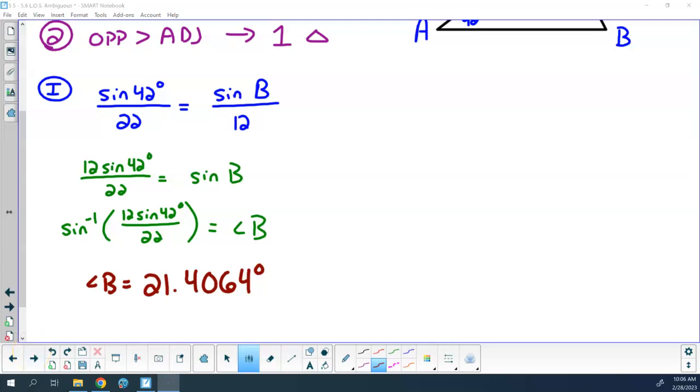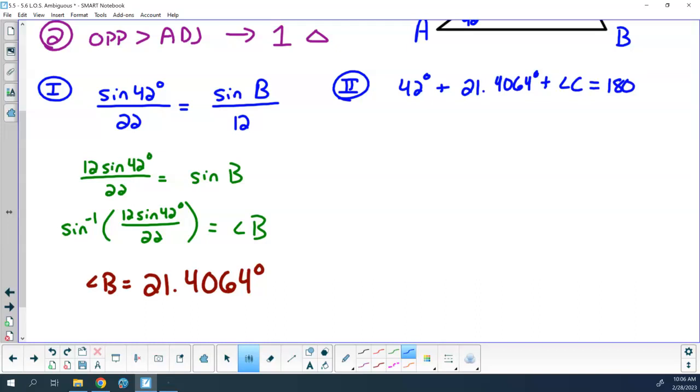So now we know 2 angles in our triangle, which means the second thing we can do is say that angle A, which is 42 degrees, plus angle B, which is 21.4064 degrees, plus angle C is 180 degrees.